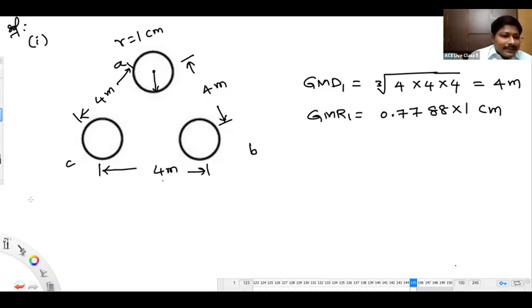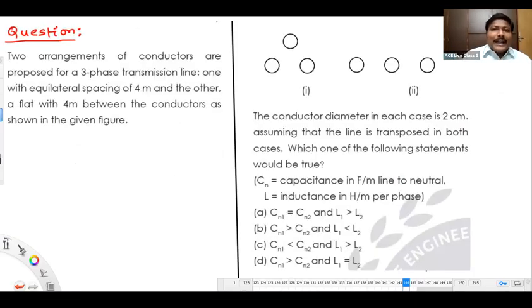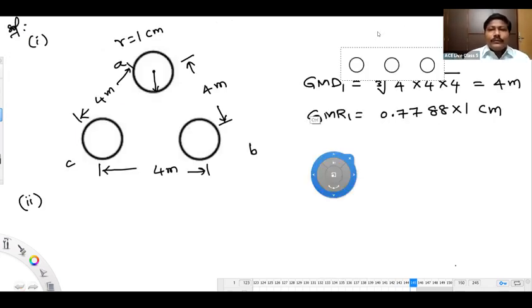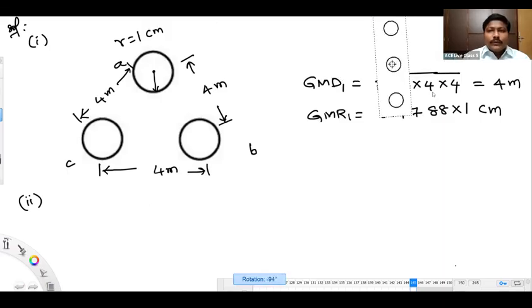Let's take the second system here itself. The second three-phase system is transposed, as we have already discussed. Let us see this flat spacing system.